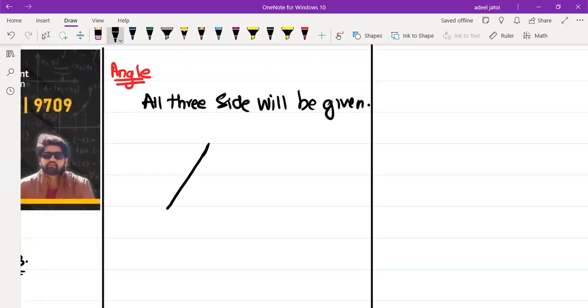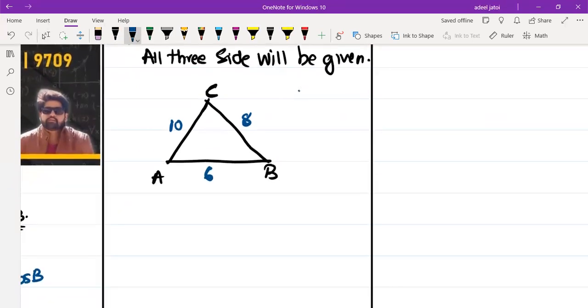Let's say this is your non-right angle triangle A, B, and C, with sides 10, 8, and let's say 6. And I've been told to find out angle A.